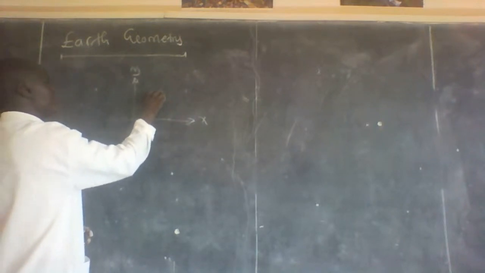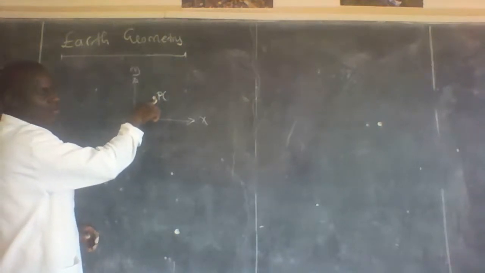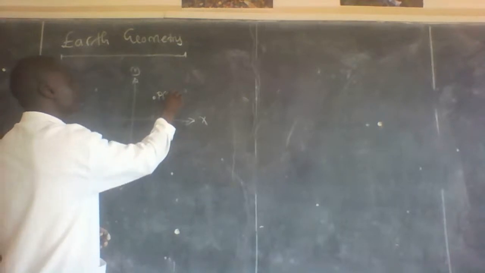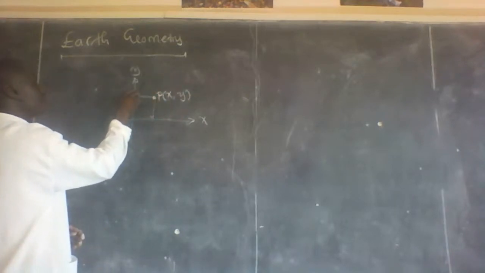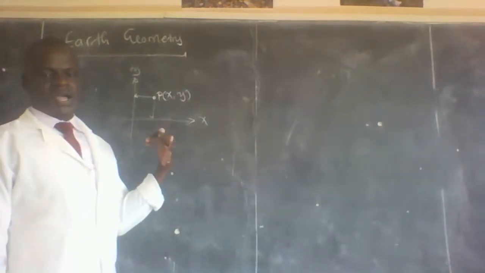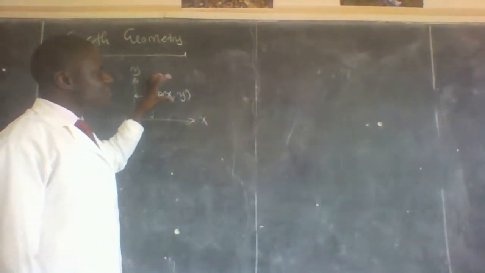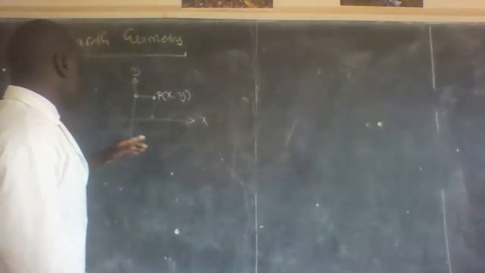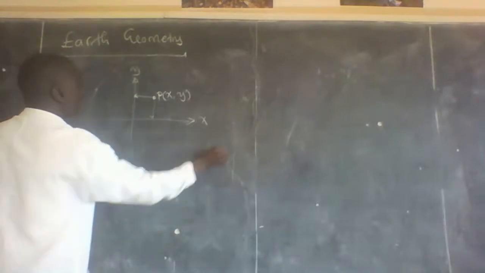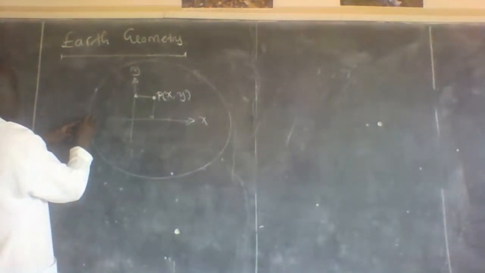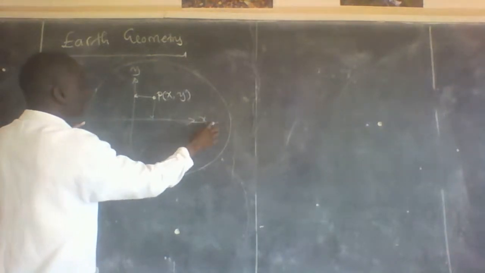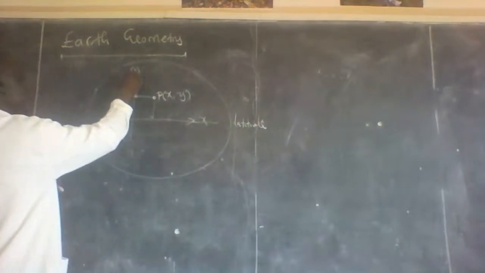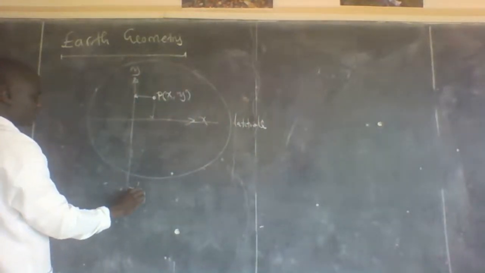If you get to have a point here, this point will be denoted by the value of x from here, and also the value of y from the y-axis. So from here, we can borrow this principle and take it to the globe. You will find that the line represented by the x-axis is the latitude, and the line represented by the y-axis is the longitude.